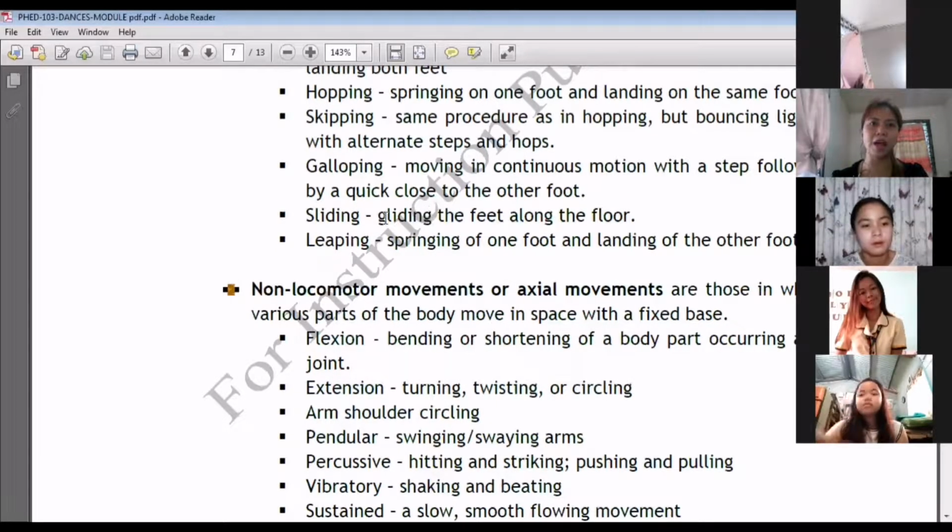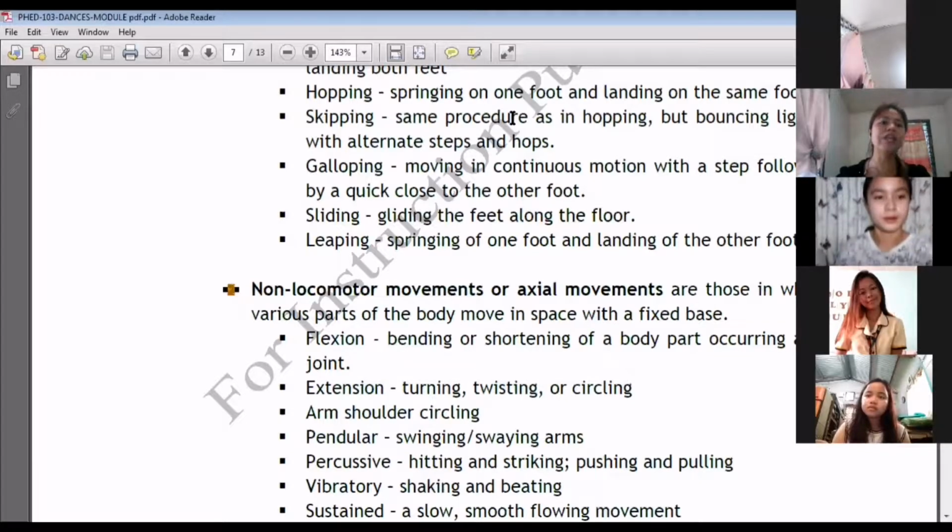Galloping, ang difference niya sa hopping at saka skipping, paano sila magiging different? Para ding hopping ang skipping. The only difference is when you skip, it bounces with alternate steps. How is it different also with leaping? When you leap, you hop with one foot and land on the other foot.